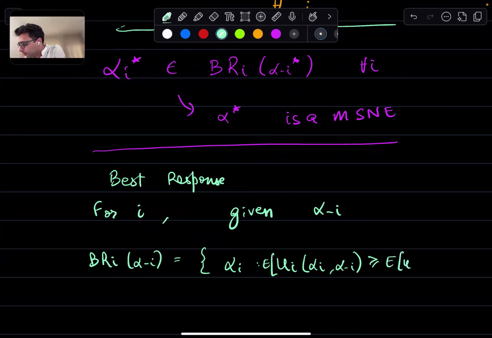The expected utility that player I gets from alpha I prime, where the prime just denotes a different action, a different mix over actions, given alpha minus I, for all alpha I prime in delta AI.